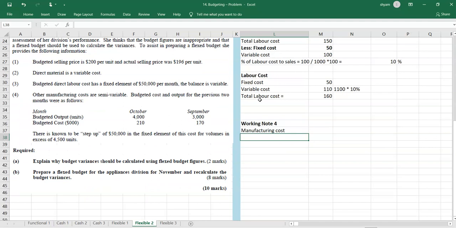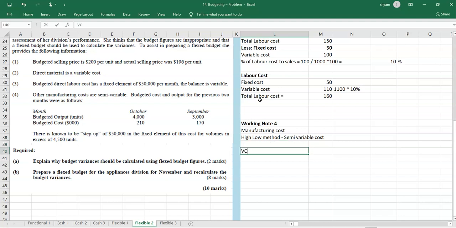This has two elements here. So first we have to work out the high-low method for semi-variable cost. So how do you work out the high-low method?